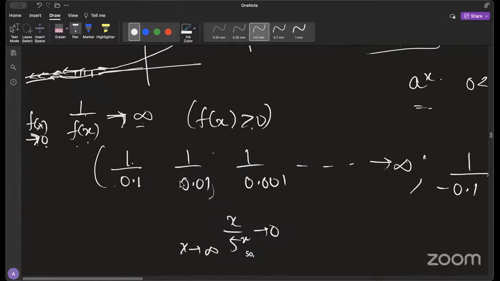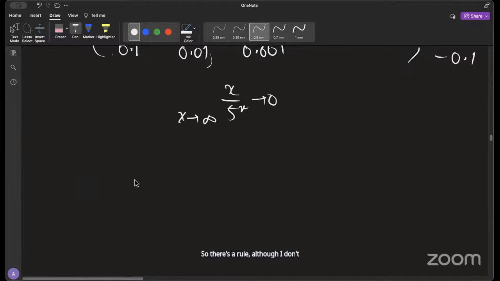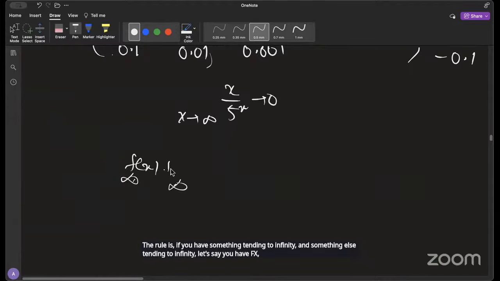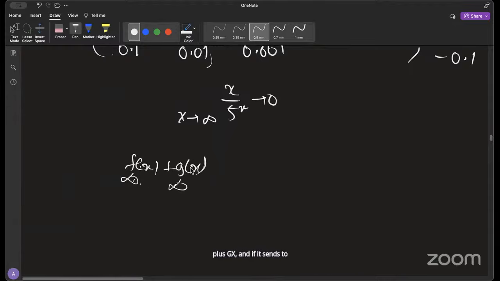So there's a rule, although I don't think we need this rule here. The rule is: if you have something tending to infinity and something else tending to infinity, let's say you have f(x) plus g(x), and f(x) tends to infinity and g(x) tends to infinity, then the entire sum will also tend to infinity.